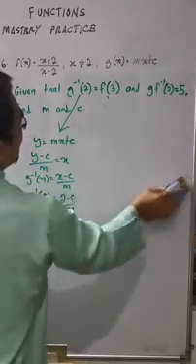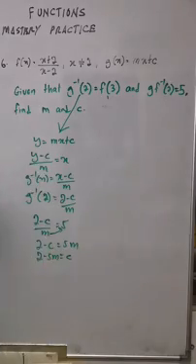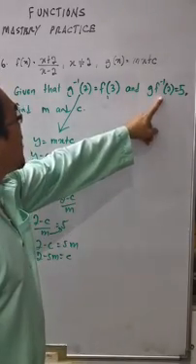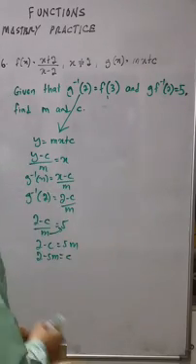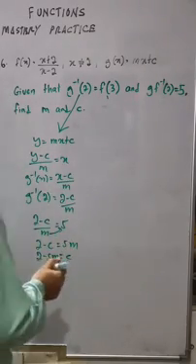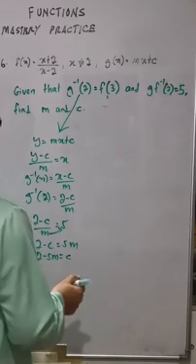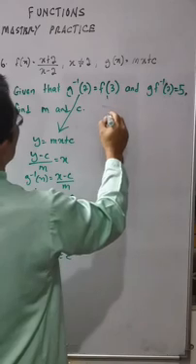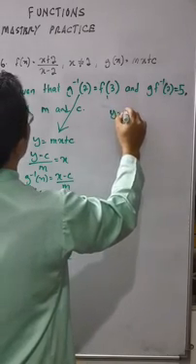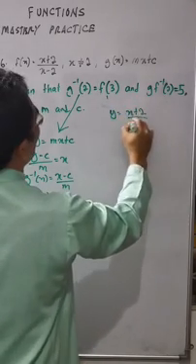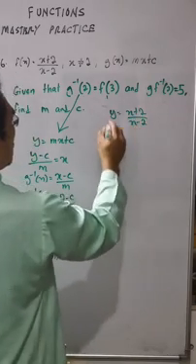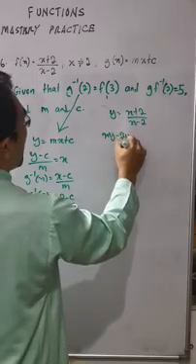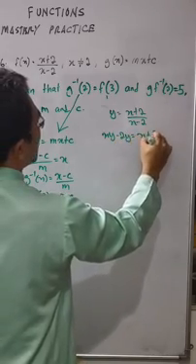Since I need all the space here, the second info: g f inverse of 2 equals 5. Let's find the inverse of f. I say y equals (x plus 2) over (x minus 2). Cross multiply: xy minus 2y equals x plus 2.